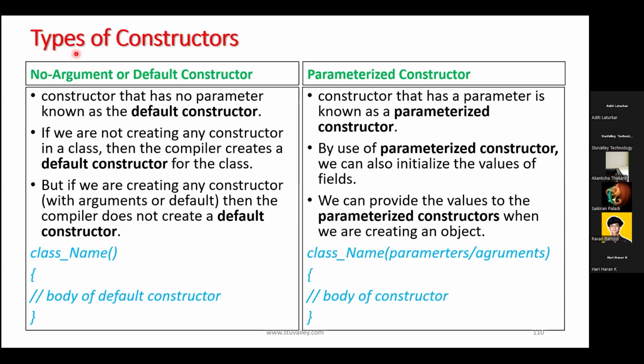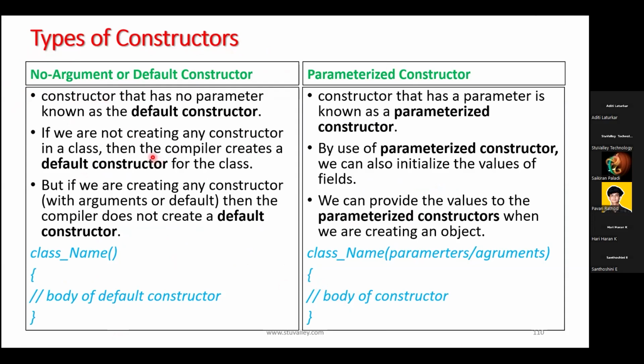Before going to the practical, there are two types of constructor. The first one is the no-argument or default constructor. The second one is the parameterized constructor. You can write any number of constructors in a class, as constructor overloading is allowed.